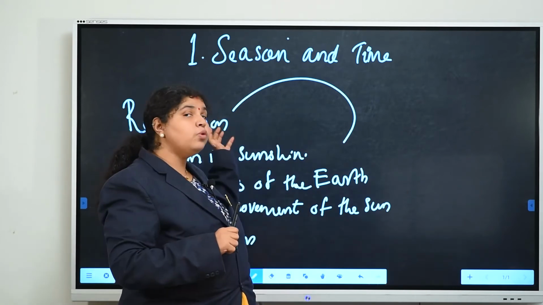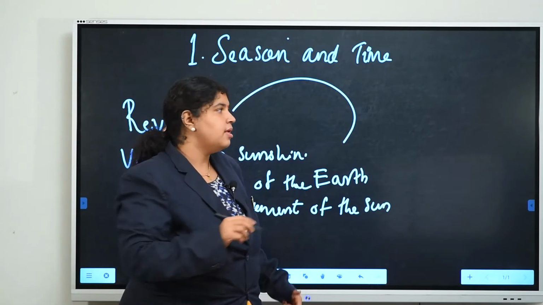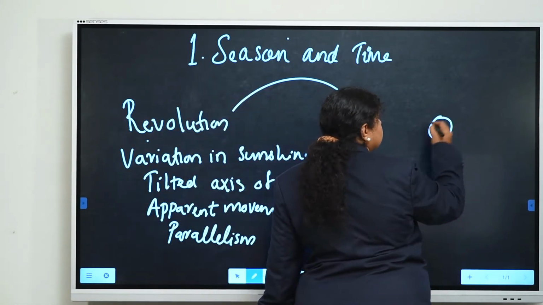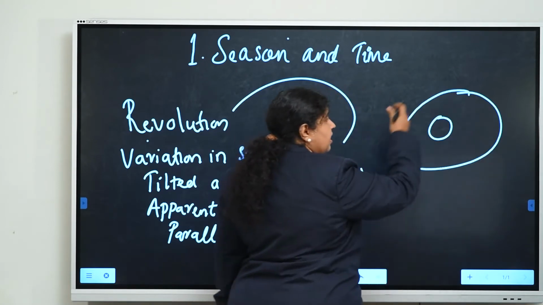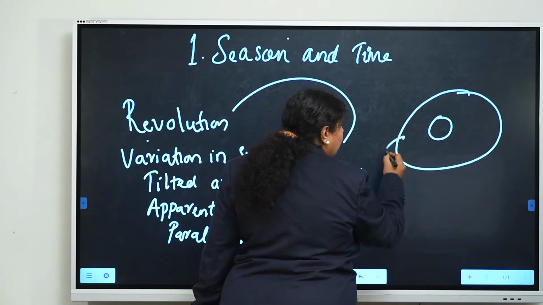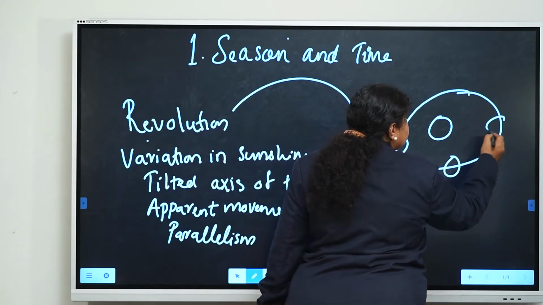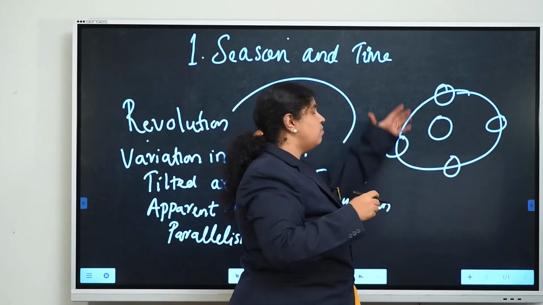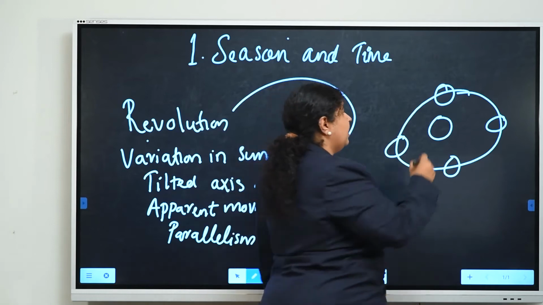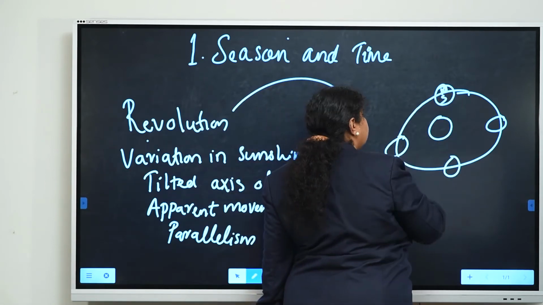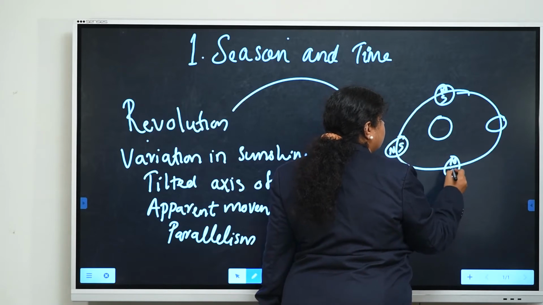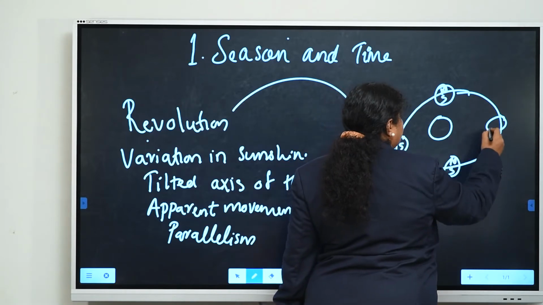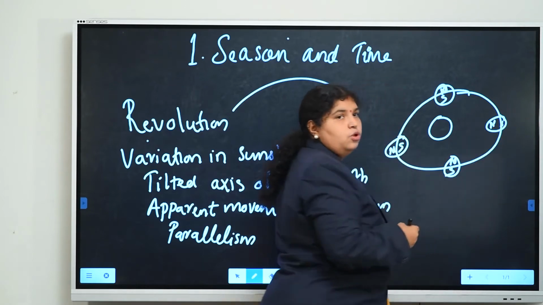Do you know how the revolution causes seasons? The sun's position is static, but the earth is moving around the sun in a fixed path. So in this revolution the sun and the earth come in different positions, northern hemisphere, southern hemisphere, alternately.